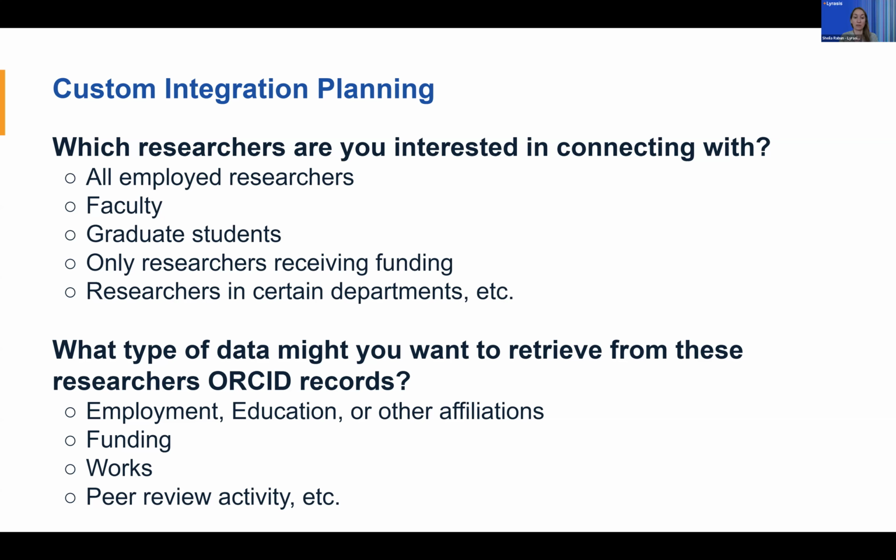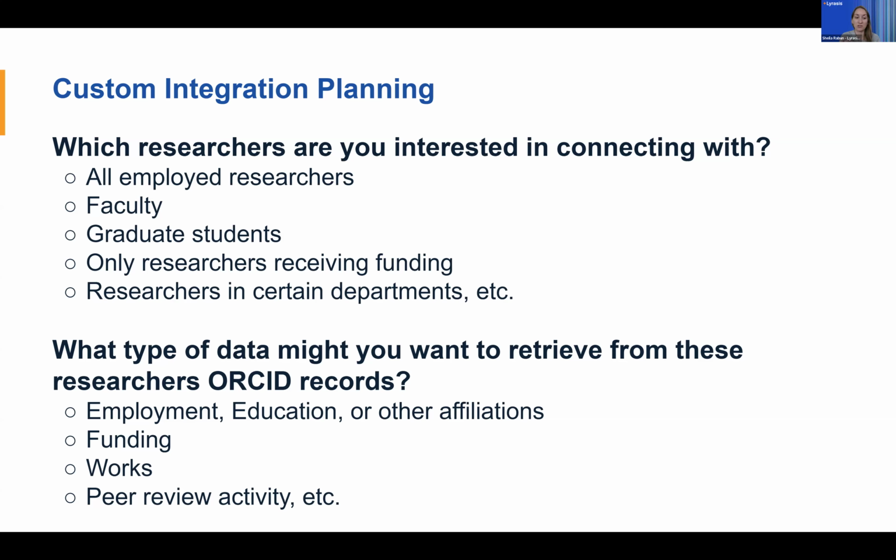Of course, if you're at a funding organization or a publisher, you're only going to be interested in those researchers that you're actively working with. Some organizations have focused on researchers in certain departments and gone one by one. So the audience, I guess, is an important thing to start thinking about. And also what kind of data you might be interested in retrieving from these researchers' ORCID records.